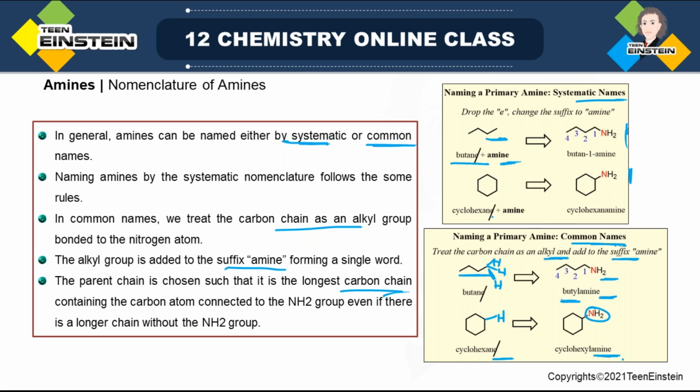Similarly, when it is cyclohexane, you have to remove the last letter E and just add amine. So it will be cyclohexanamine. Cyclohexan comes from cyclohexane, but there is no E, and then simply add amine. So this is the difference between common name and systematic name.